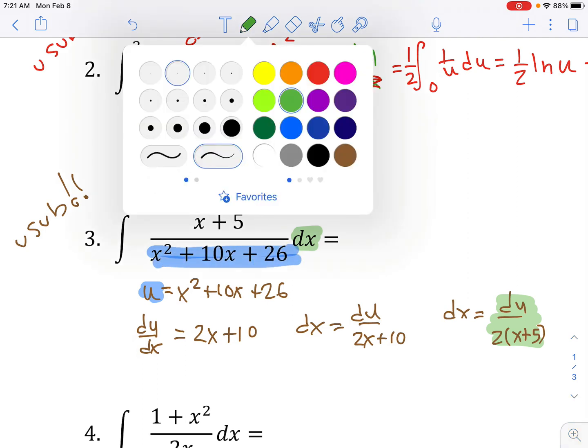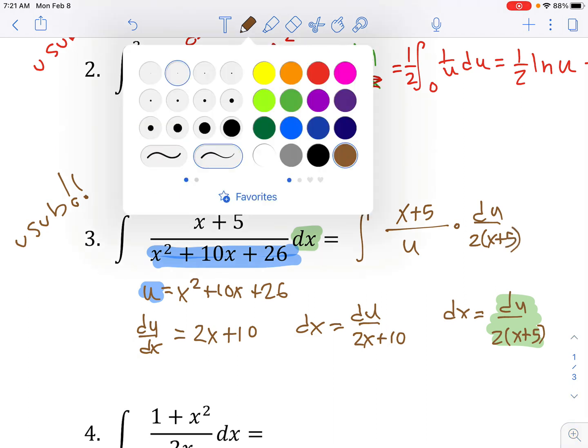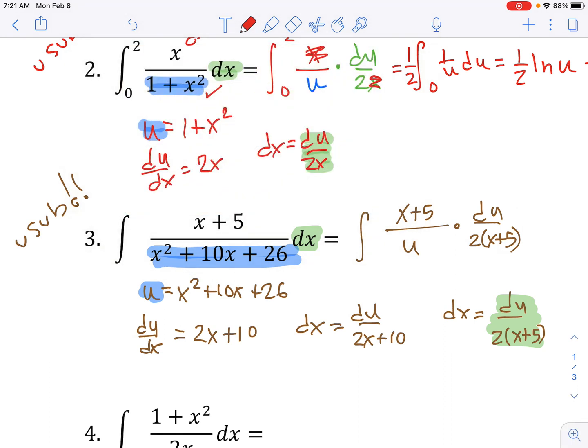And so we are going to have x plus 5, we're going to leave that alone, over u times du over 2x plus 5. If you notice that x plus 5 binomial, and I'm just going to do this, because this is grouped in the top and the other one's grouped in the bottom, this cancels with this.